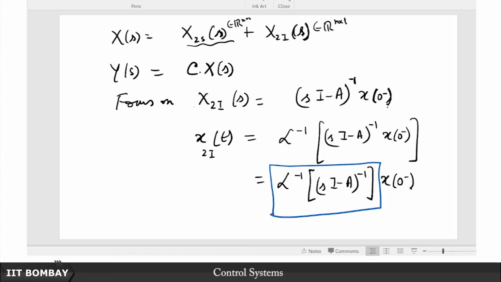So I have established that much at least. Then each individual entry in that n cross n inverse matrix, you can take the Laplace inverse and get the time domain representation.